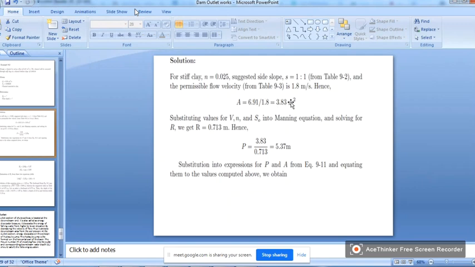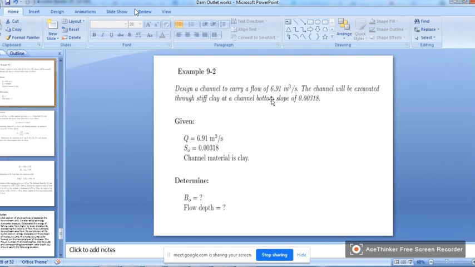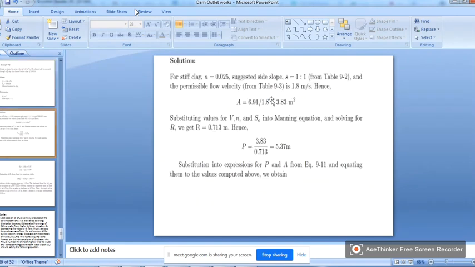A is equal to Q by V. Q is given as 6.91, V we have assumed as 1.8, then we will get the A value here.